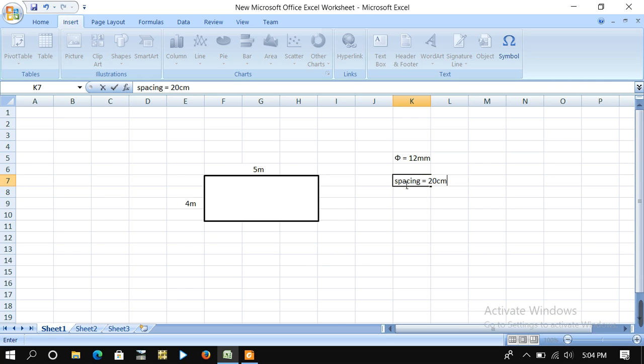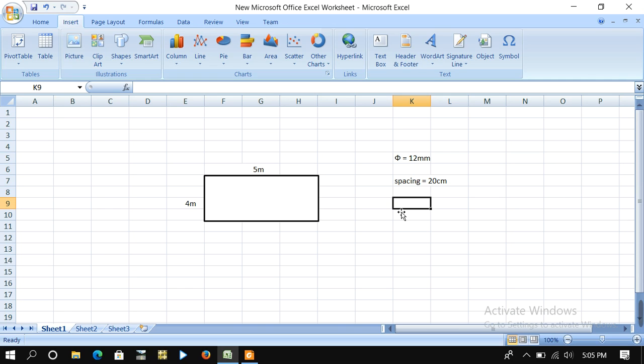Next, since our purpose is calculating the number of bars or reinforcements which are needed for this panel, firstly I have to calculate the reinforcements in the shorter direction, which is called the main bar, and also the reinforcement in the longer direction.